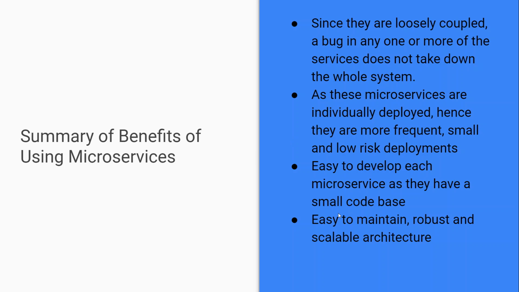giving a robust and scalable architecture. Now, we'll finish with a concluding remark on what we have learned in this lecture. In this lecture, we have defined microservices and the microservices architectural style.